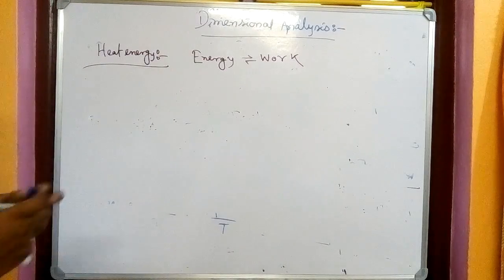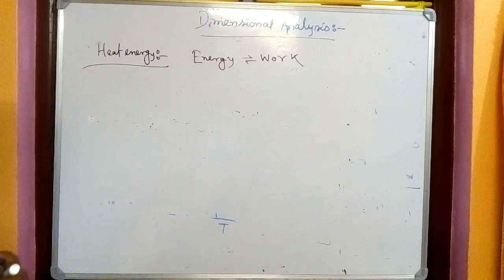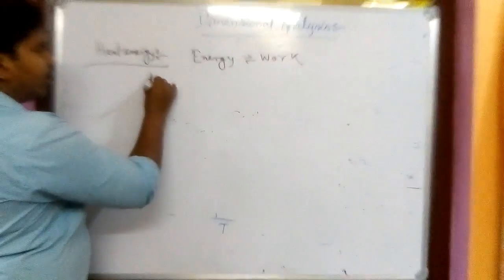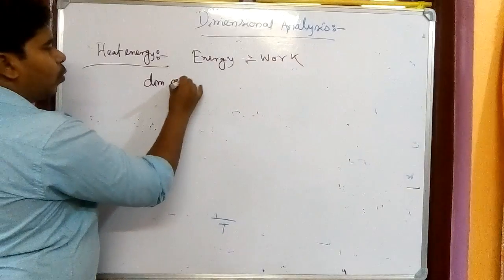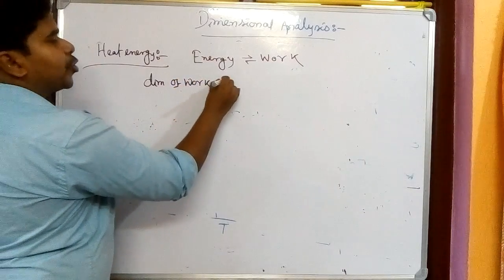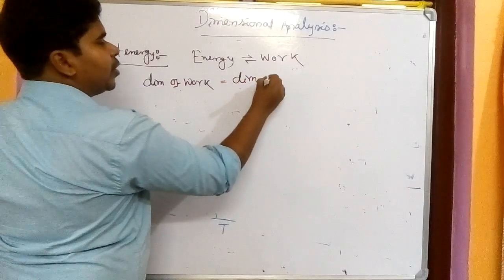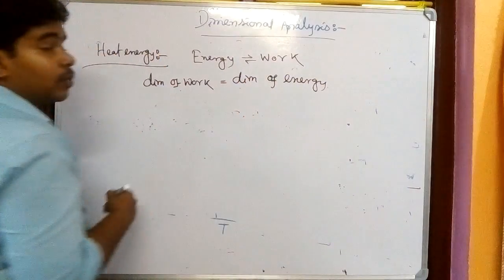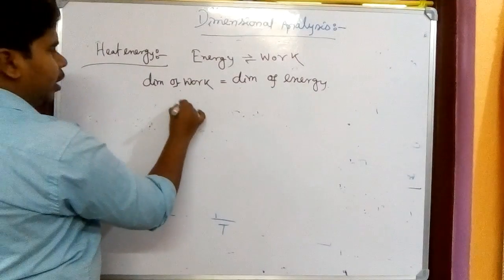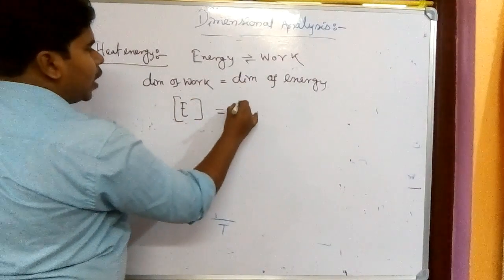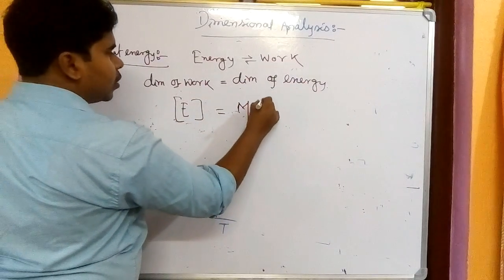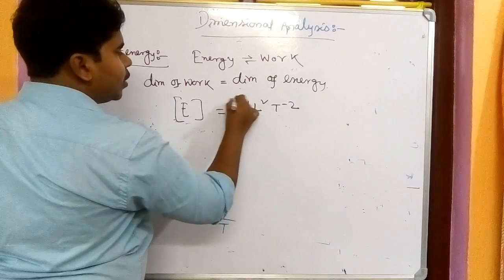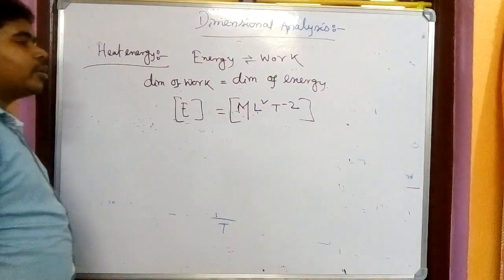So these are equivalent. So if I find the dimension of work, that should be the same as the dimension of energy. We have found it out. So E equals [M L² T⁻²]. That is the dimension of work.